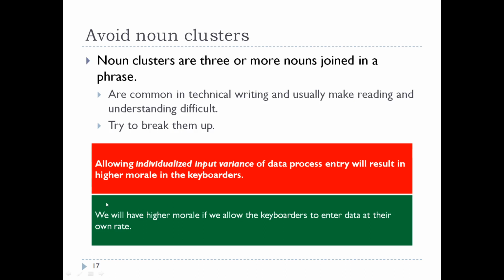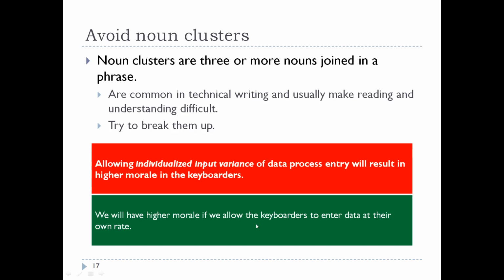The simple idea is this one: we will have higher morale if we allow the keyboarders to enter data at their own rate. So, individualized input variance, that is what it meant: variation in the input rate of individuals.